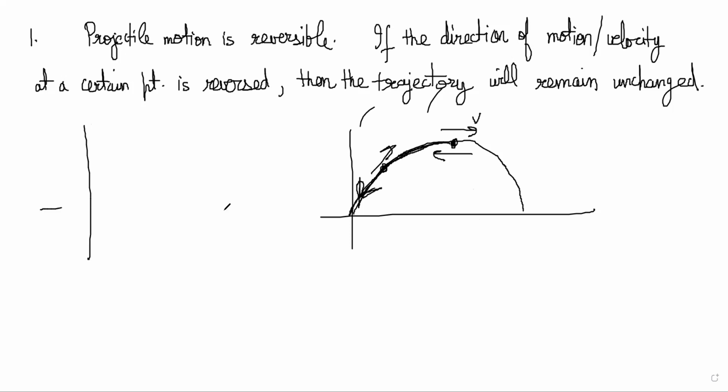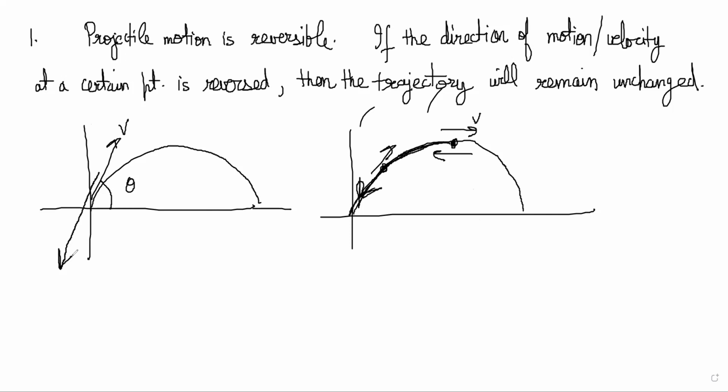How can we say that this is true? We can say it by a simple proof. If you launch a particle with v at an angle theta, and you reverse the direction of its velocity, your velocity has suddenly become this. This is your new velocity v dash. What angle does the new velocity v dash make with the x-axis?